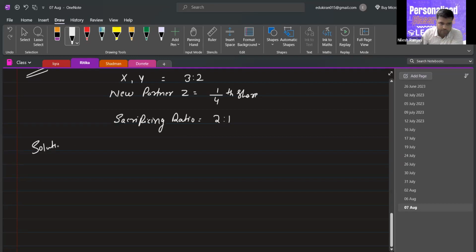Now the solution. In this question, we can assume the total profit share as 1, but that process will be lengthy. So we are not using that process. Now in this case, we will calculate the sacrifice of each partner.